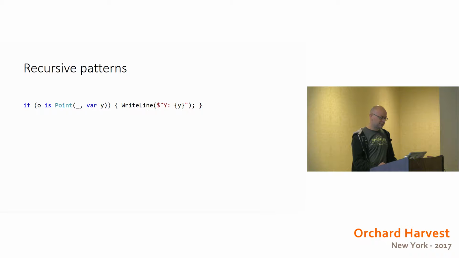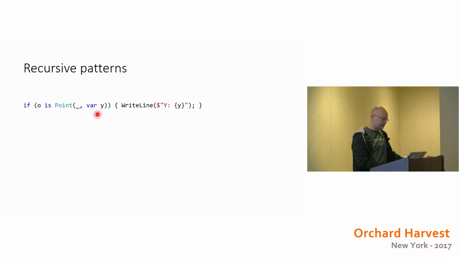All right, so here is one. We've seen some pattern matching. We can go much farther than that. So this is one example where we look at an object here, and we're asking the question, is it a point? Well, if it is a point, then we want to actually deconstruct it. We've seen deconstruction before, where we take parts of an object and assign them to different variables.